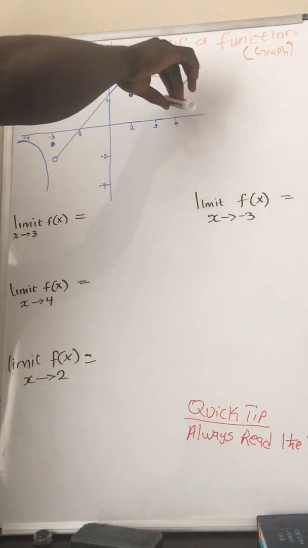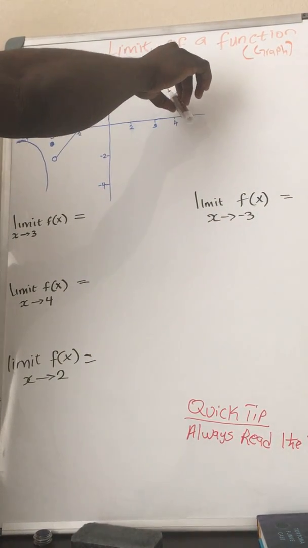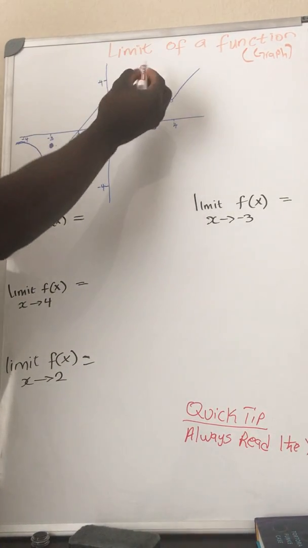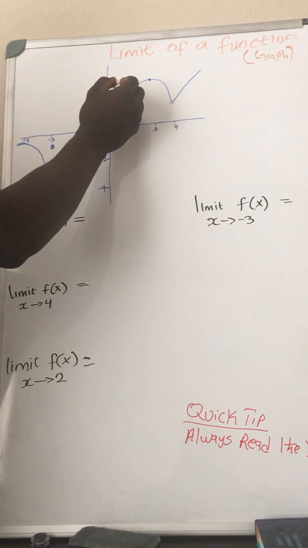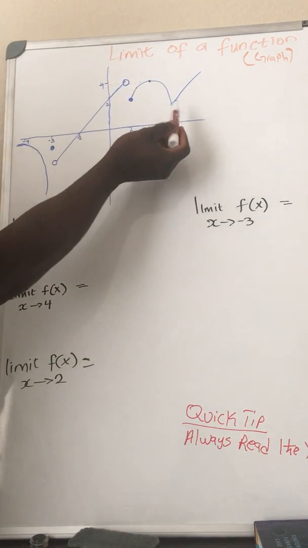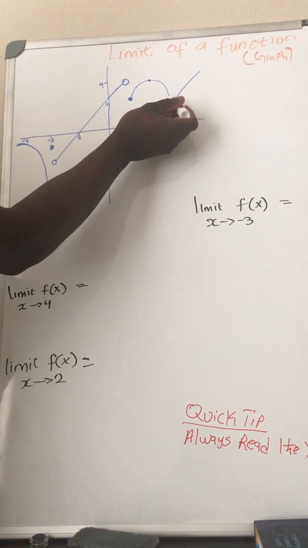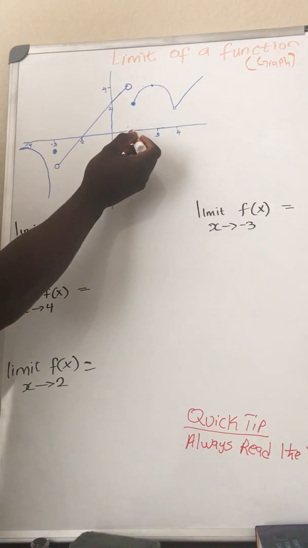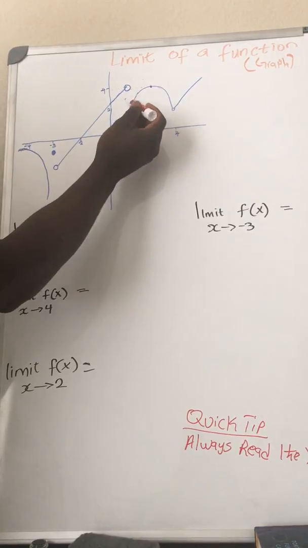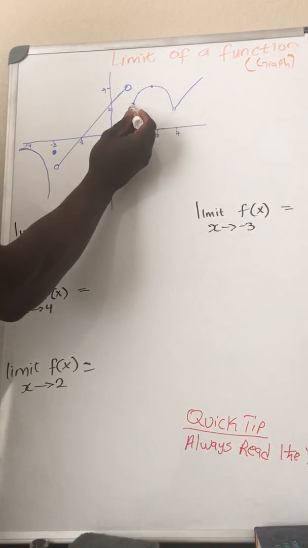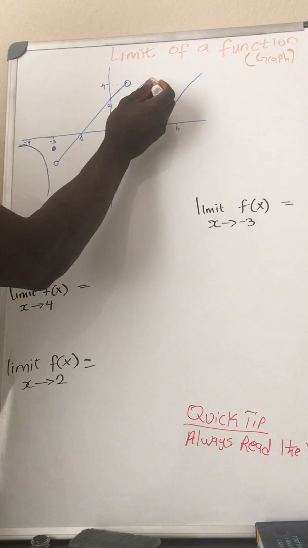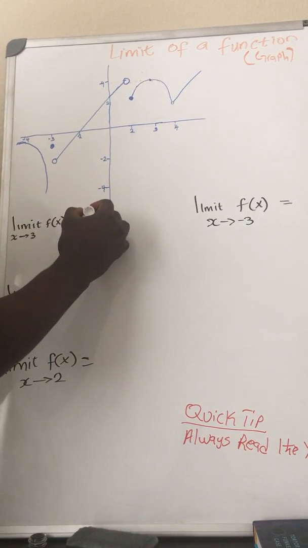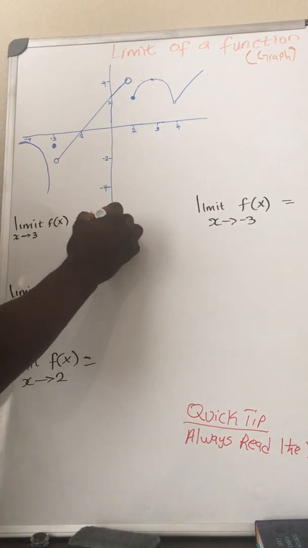The limit as x approaches 3 from the right is 4. You can see I'm only reading the y-axis. And the limit as x approaches 3 from the left is 3. Therefore the limit as x approaches 3 of f of x is 4.